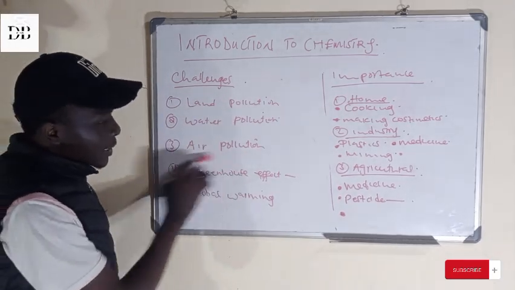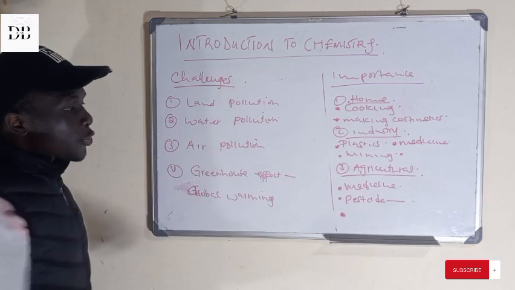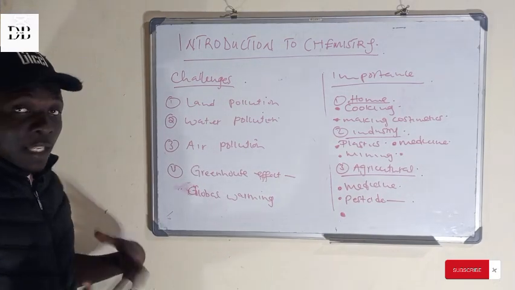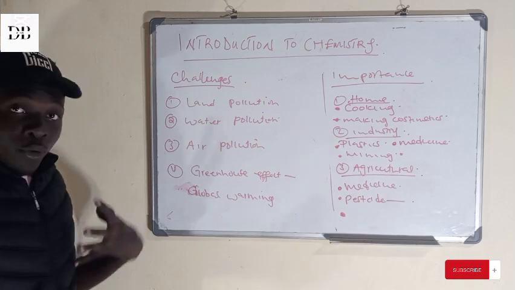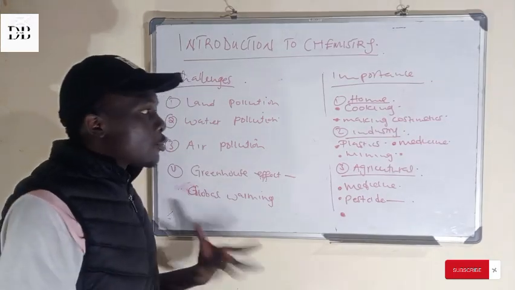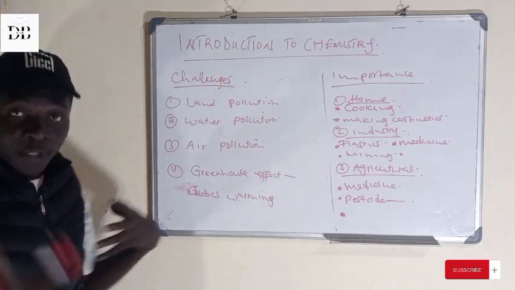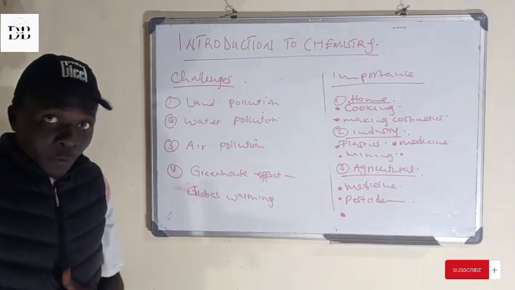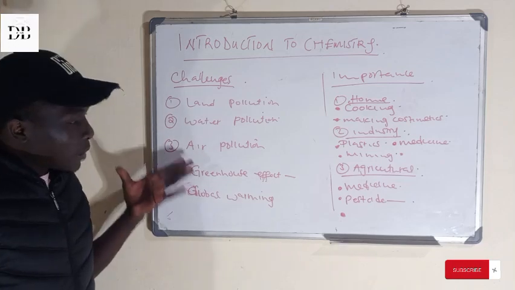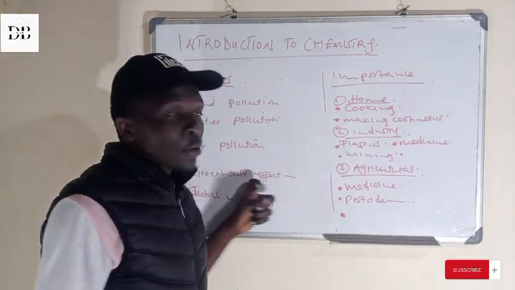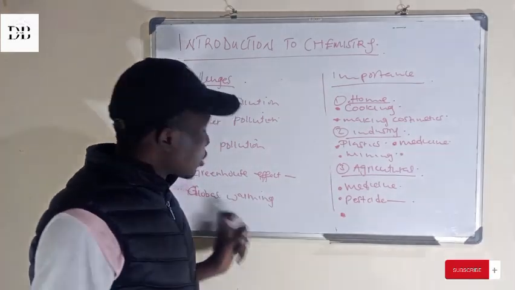Then air pollution significantly will be produced when you are trying to clean the environment by burning those plastics and other products that are produced during production of a good. Or, for example, in factories, the smoke that comes out from the chimneys as well will lead to what?